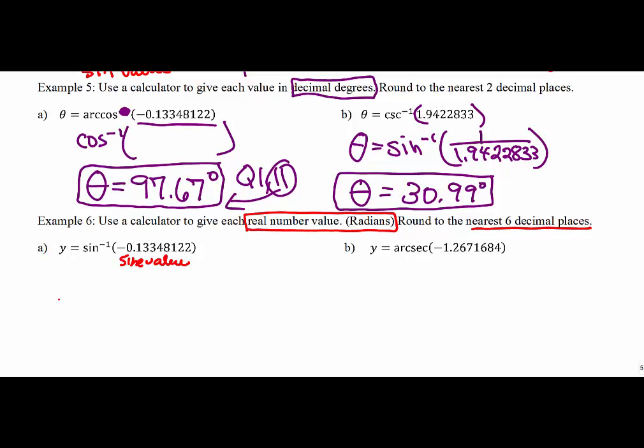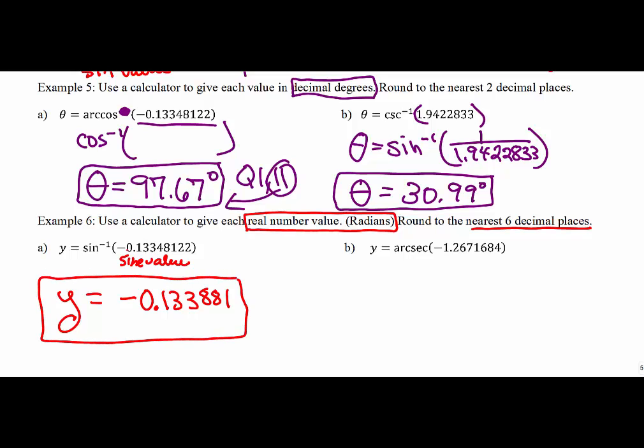Remember that we're looking for an angle. And I get negative 0.133881. So there's the angle in radians that has a sine value of negative 0.133 and so on.